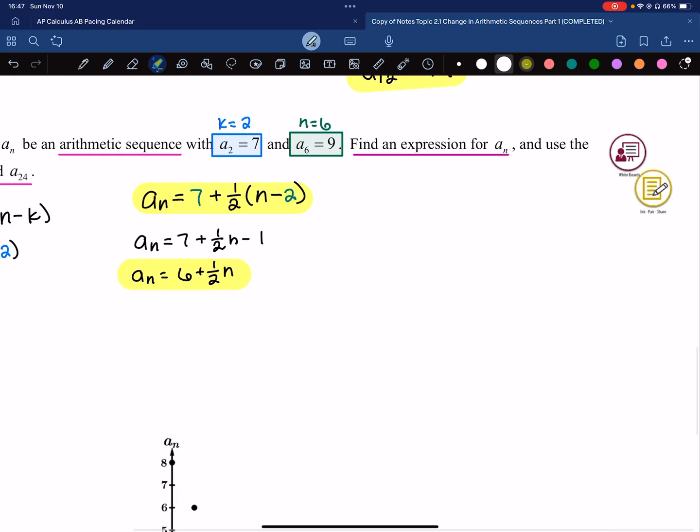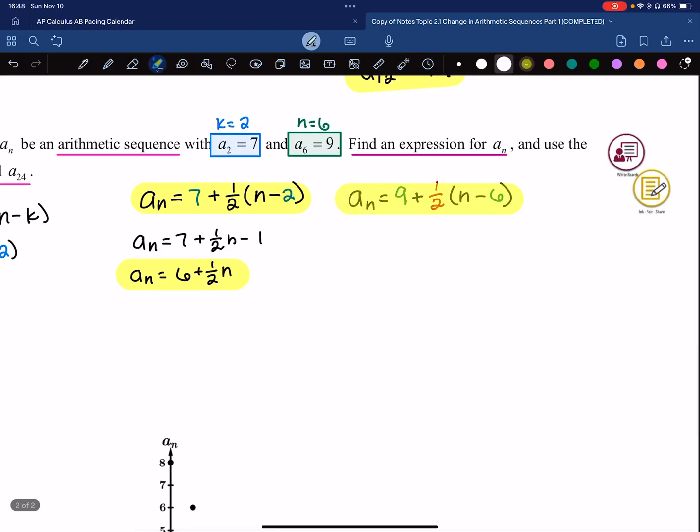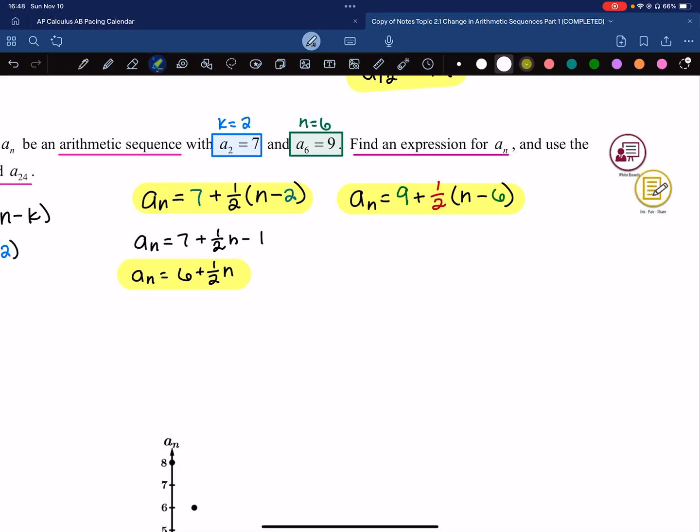And then again, you could use the other point. a sub n equals 9 plus 1/2 times n minus 6. And if you were to simplify it, you would get the same equation. So that would be another acceptable answer.